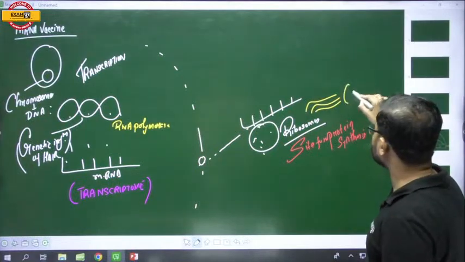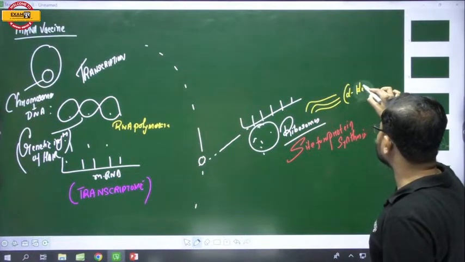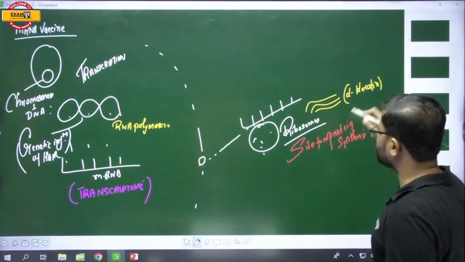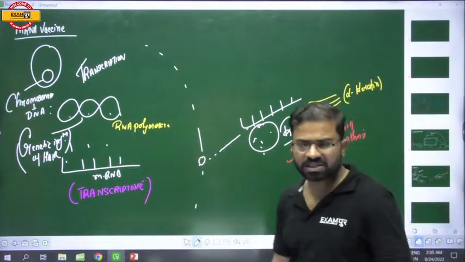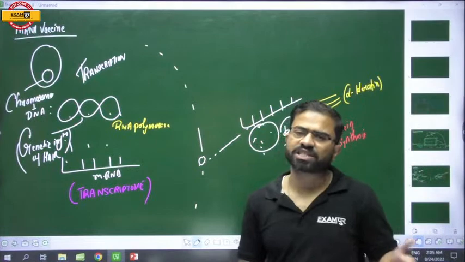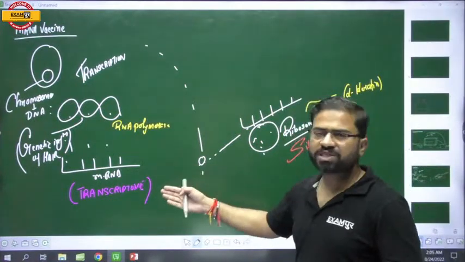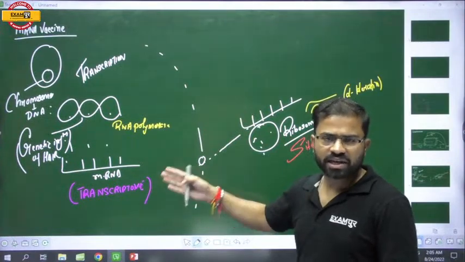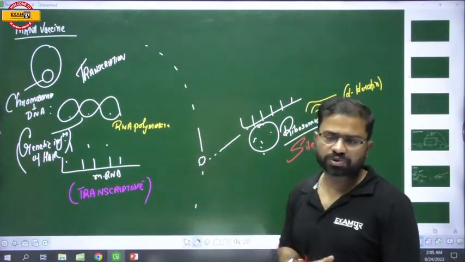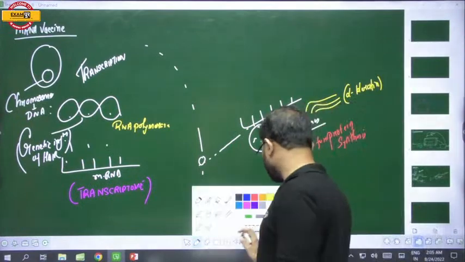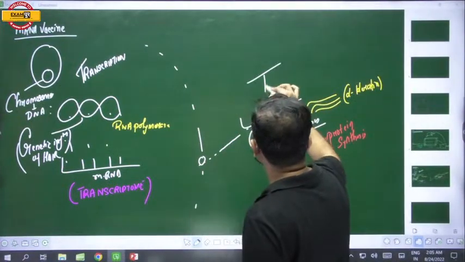And it is called alpha keratin. So this process is called translation. Translation means the genetic information is translated to the respective protein. So the process by which the genetic information in the messenger RNA is converted into the respective protein is called translation. इस process में क्या होता है, translation कहते हैं.